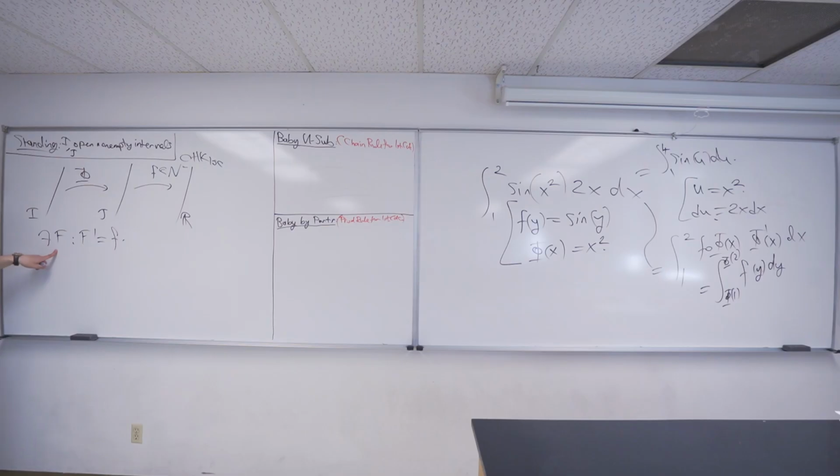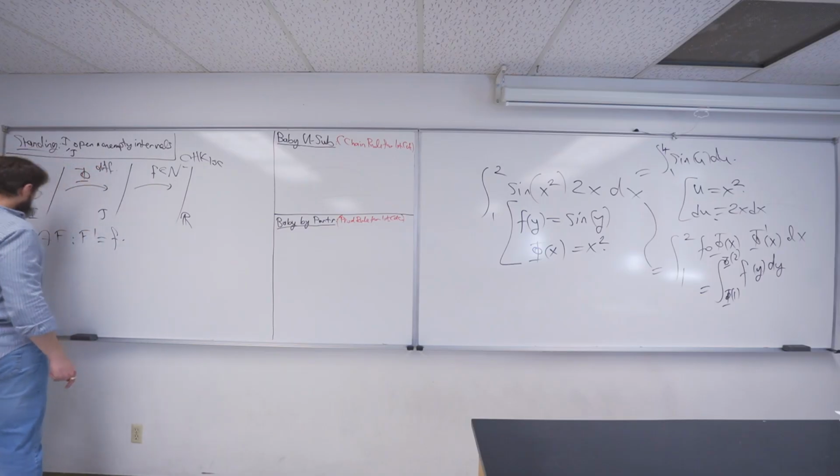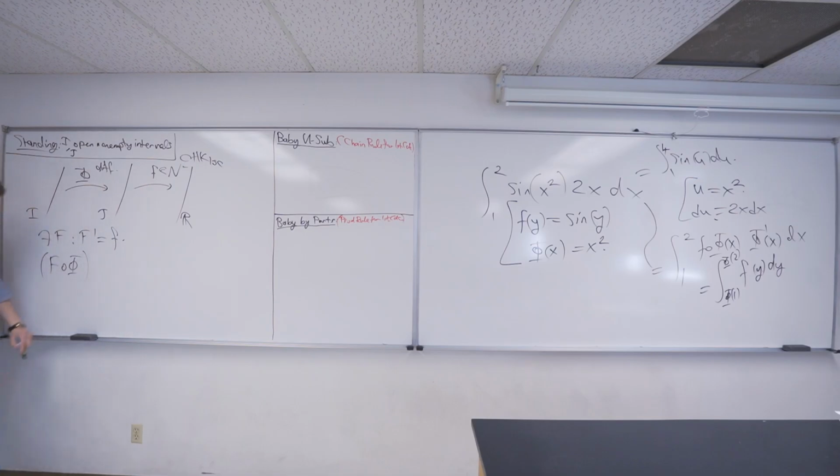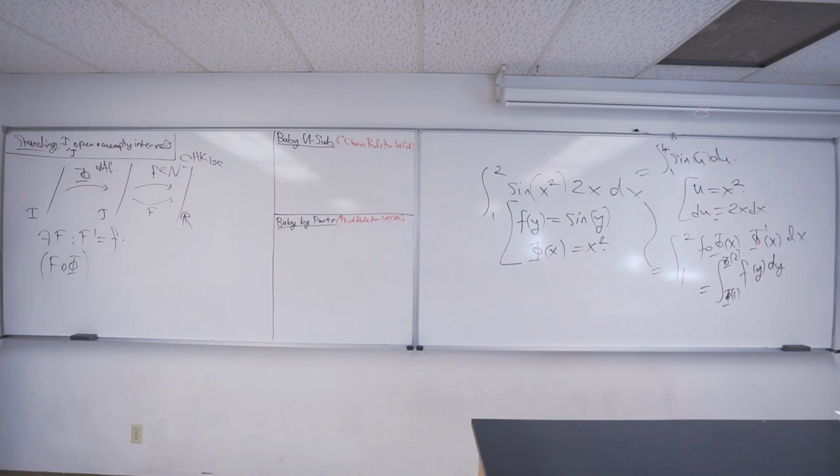And so if I were to apply to capital F composed with phi, say this is also smooth, differentiable. If I were to take this composition function, this capital F is defined on the same interval. Right? If I were to differentiate this at x, what is this?